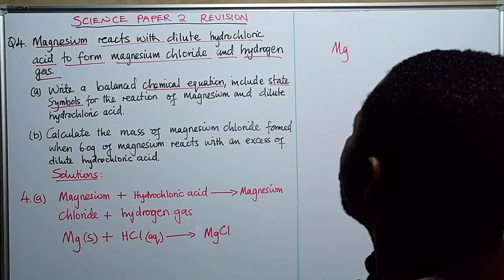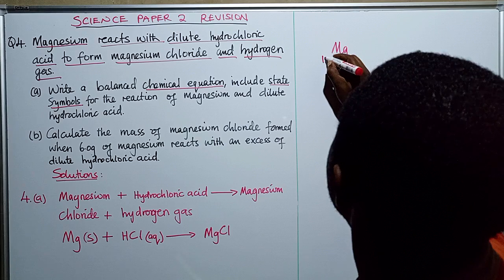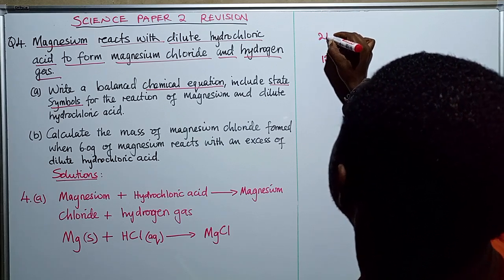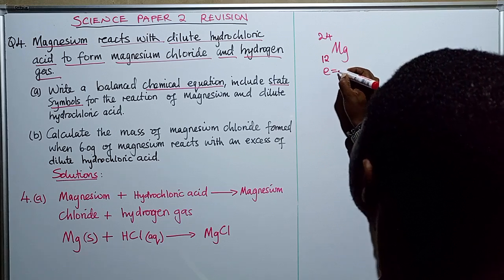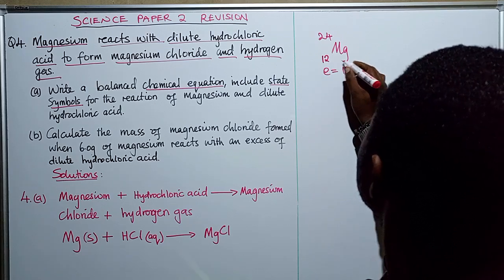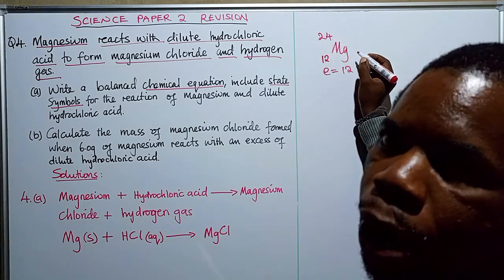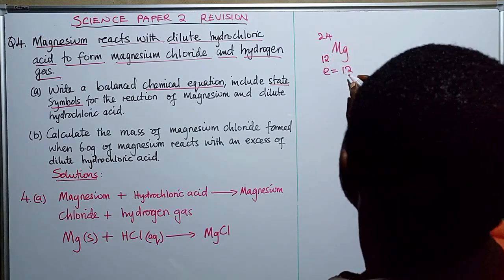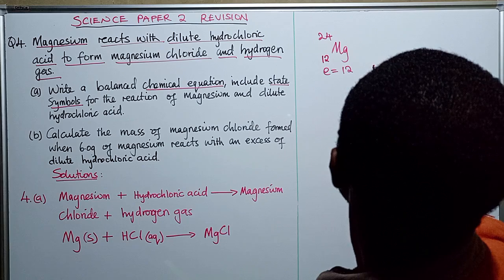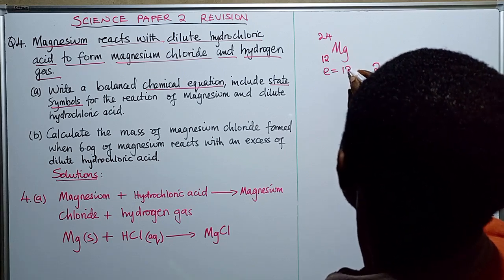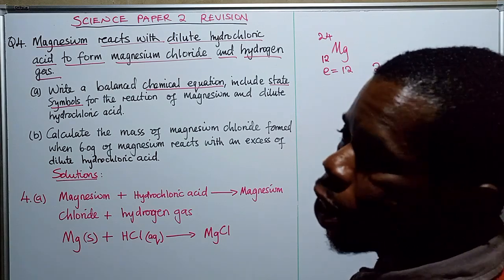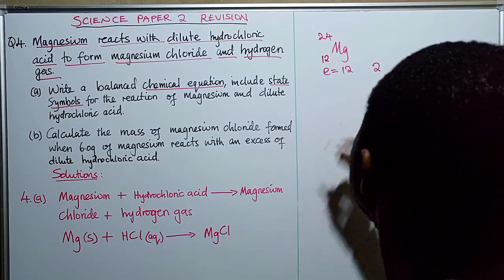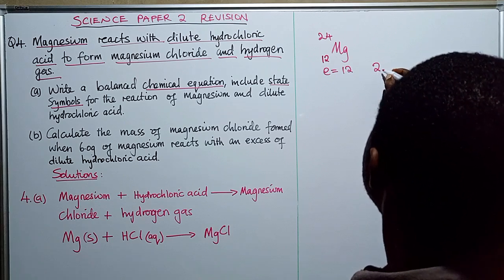Magnesium has 12 electrons here, 12 down here, and 24 up here if you check on the periodic table. This 12 means that magnesium has 12 electrons. These electrons sit in a magnesium atom in shells, and the first shell should have 2. So from 12, you put 2 in the first shell. Once the first shell has 2 electrons, it becomes stable.